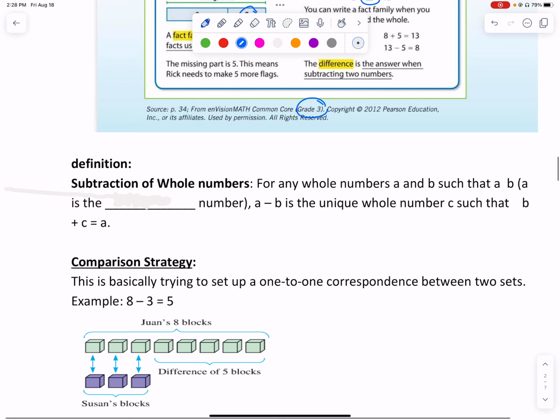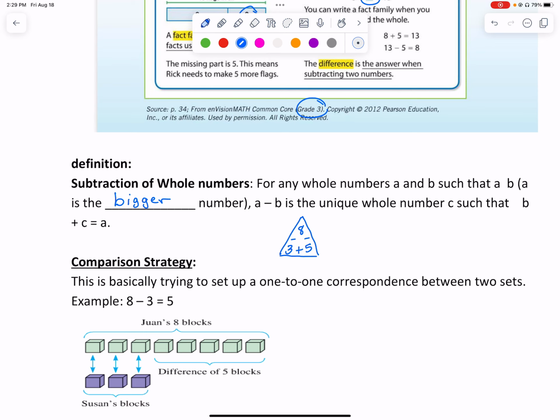Now, in subtraction, I want you to think of this definition. For any whole numbers A and B, so that your A is actually the biggest number, when you take A, subtract B, you're going to get an answer. And that answer, you could add that to the other number and get the one you started with. So one way you could think of that is this: 8, 3, and 5.